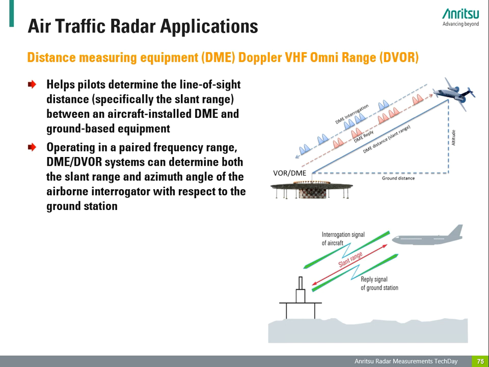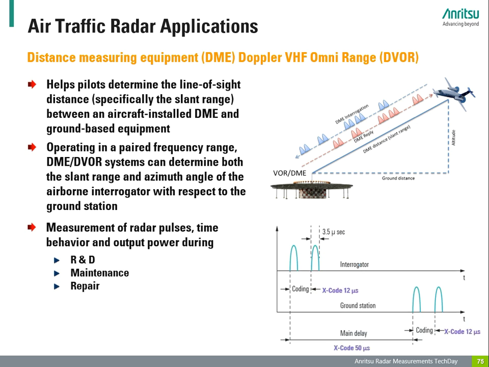Line of visibility between the aircraft and ground station is required. An airborne interrogator initiates an exchange by transmitting a pair of pulses on an assigned channel to the transponder ground station.